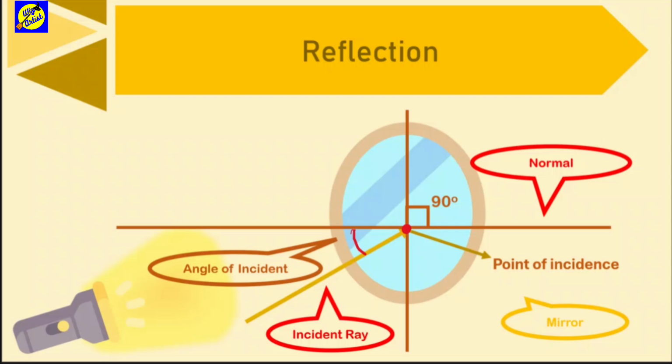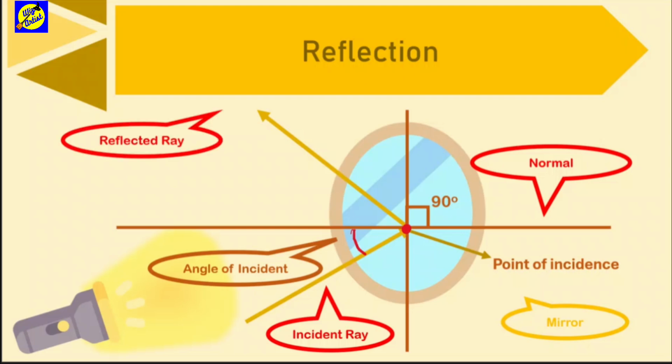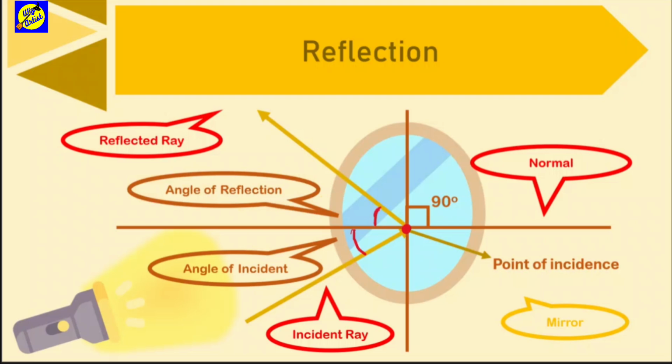When this incident ray strikes the polished surface, it gets reflected, and the path of that reflected light is called the reflected ray. The angle that the reflected ray makes with the normal is called the angle of reflection.